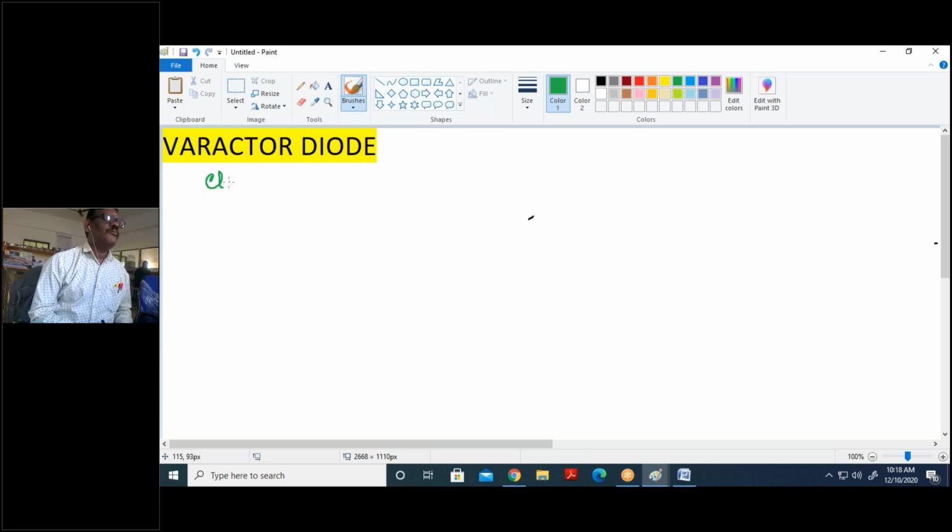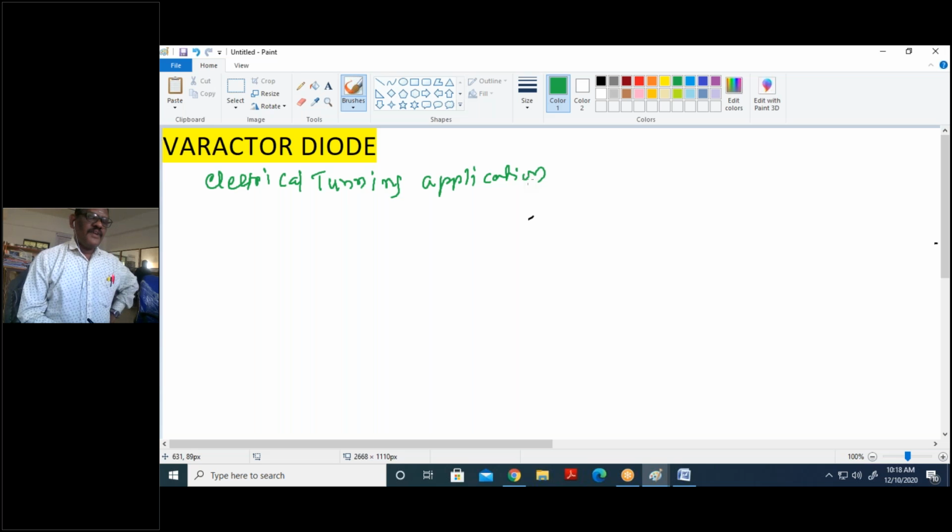Electrical tuning applications, a large range of capacitance variations. These diodes are used in some of the high frequency areas like frequency modulation.